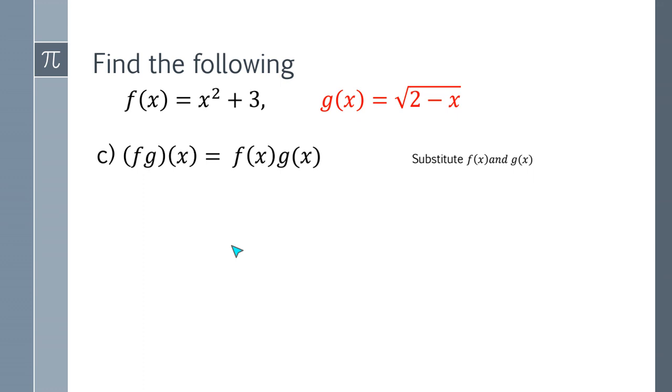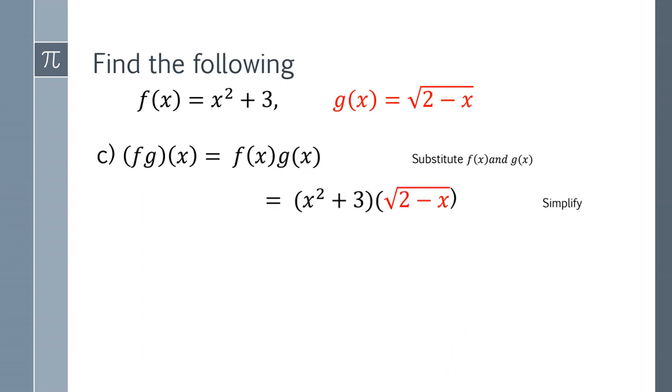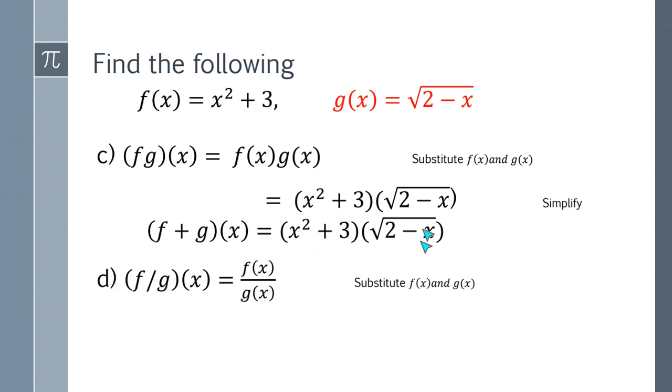Okay, so now for multiplication, we have f of x times g of x. So f of x is x squared plus 3 times g of x, which is square root of 2 minus x. And so if we multiply, then we're going to end up with, so here I didn't multiply them.